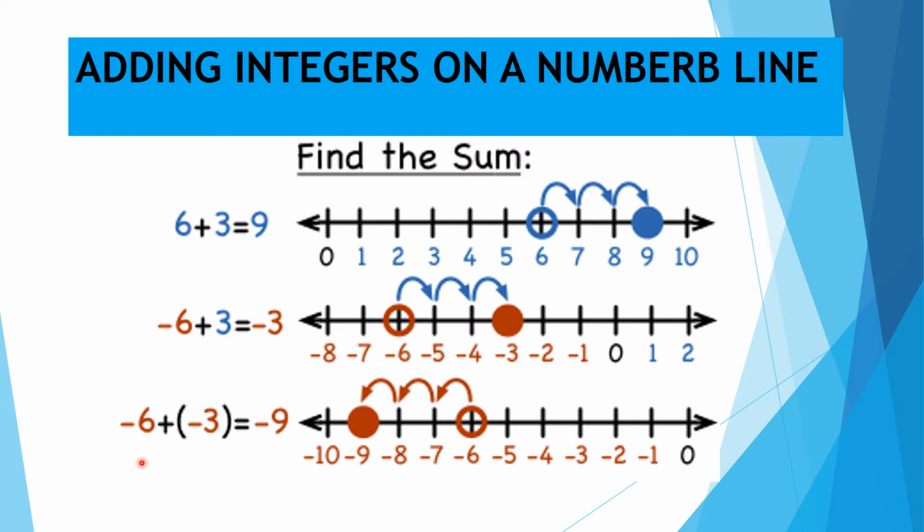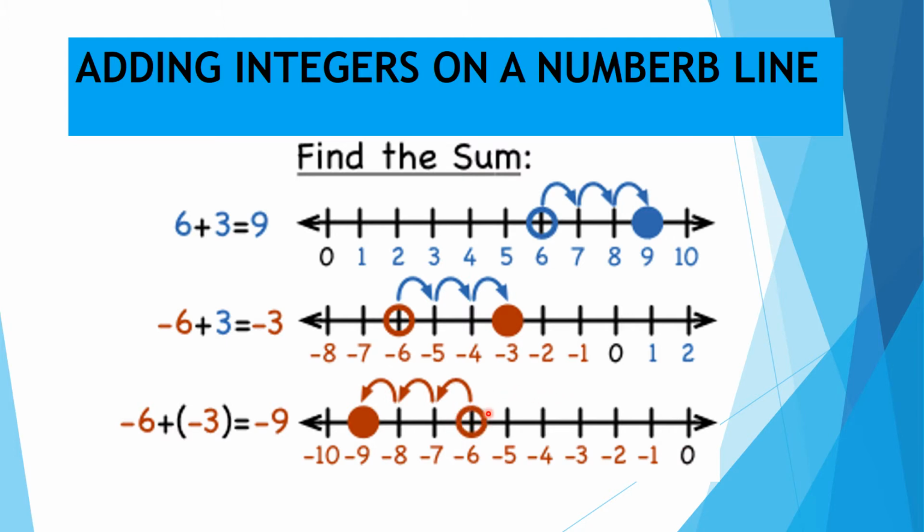Now another example, minus 6 plus minus 3. Here you will move minus 3 steps. That is, you will move 3 steps to the left. Now let us see how to do this. First, you move to minus 6 from 0. This is 0. You are moving to the left side, minus 6.